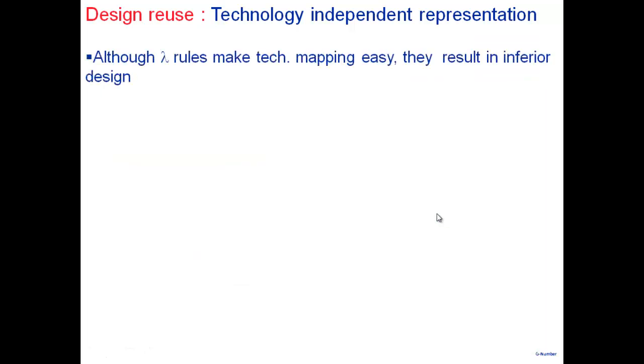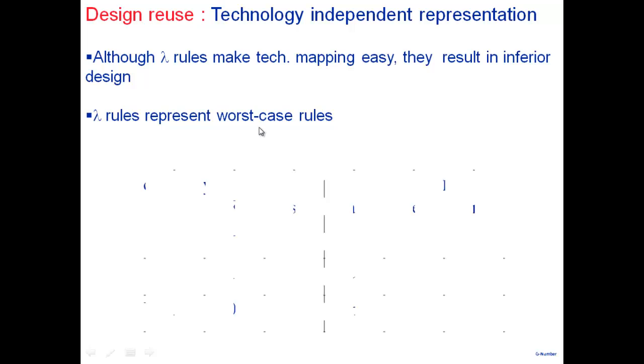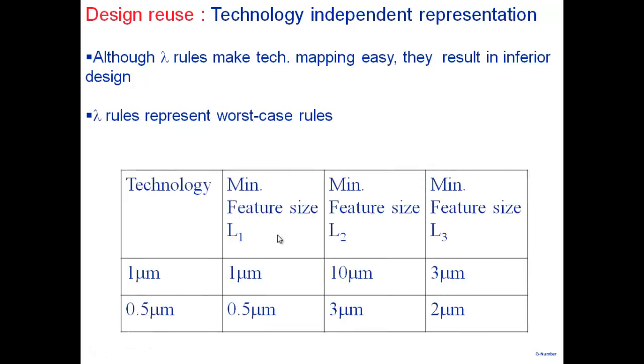And in that context, we were seeing that lambda rules are an example of technology independent representation. And we saw this example, but we said also that they have a disadvantage. Lambda rules maybe represent the worst case rules. And we were looking at this hypothetical example that in technology 1, let's say 1 micron technology, they have certain rules, L1, L2, L3.